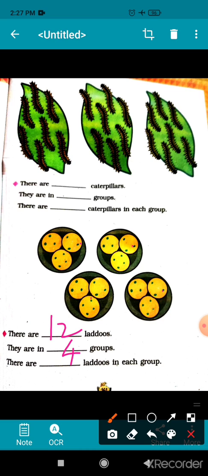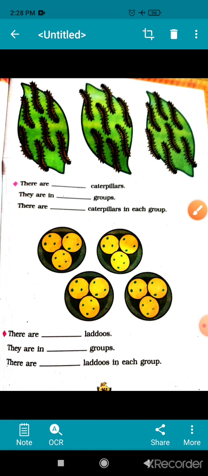And there are some laddus in each group. You can see in each group there are 3 laddus. In short, how can you do it? 12 divided by 4 and that comes to 3. So 3 laddus in each group. Children, hope you all have understood how we can share things equally. We can share things equally by dividing.